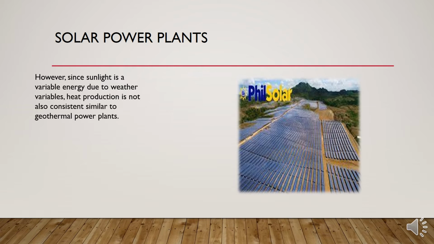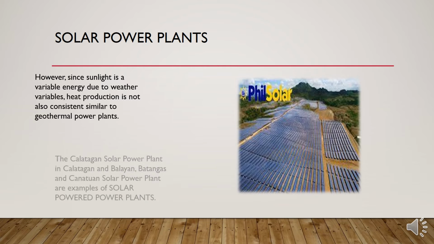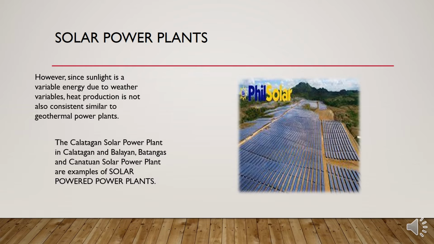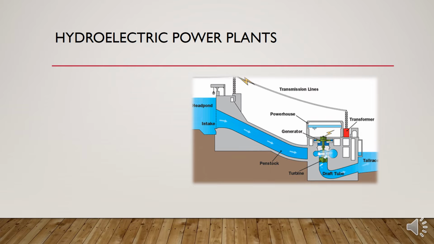However, since sunlight is a variable energy due to weather variables, heat production is also not consistent, similar to geothermal power plants. The Calatagan solar power plant in Calatagan and Balayan, Batangas, and Canatuan solar power plants are examples of solar-powered power plants.